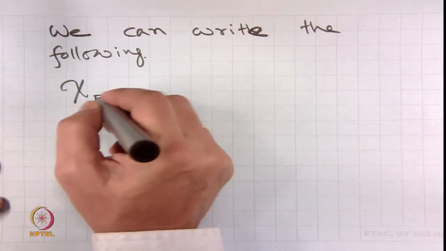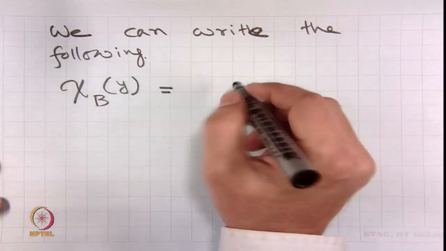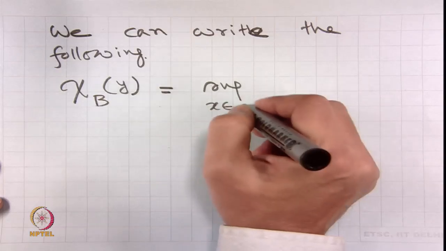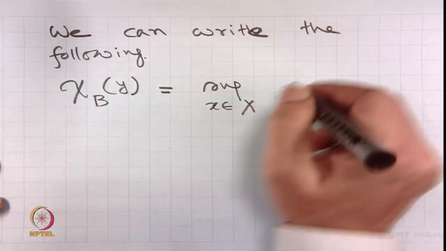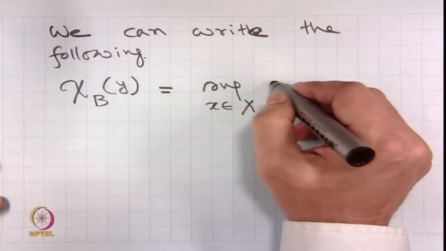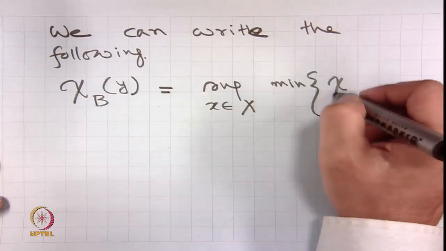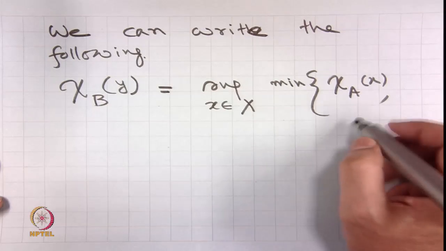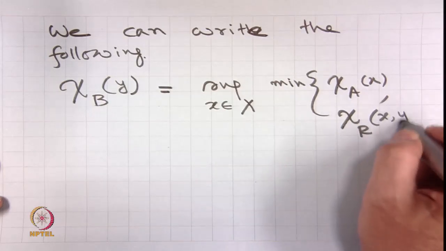Chi B of y is equal to supremum over x belonging to X of minimum of chi A of x and chi R of x, y.